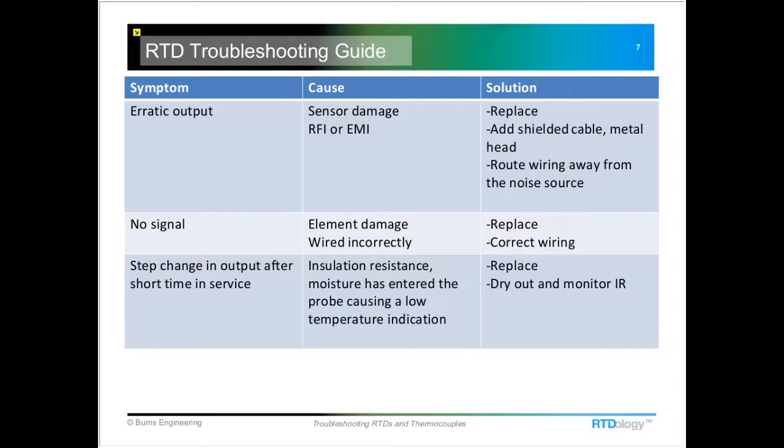We did have a situation recently with a local microbrewery where they had some of this kind of issue with some erratic output and the step change in their temperature measurement. It was in one of their, I don't know, Jeff, if you remember what part of the process that was, if it was the mash tun or if it was one of the other fermenting issues with the brewer. I think it was in the mash tun. Okay.